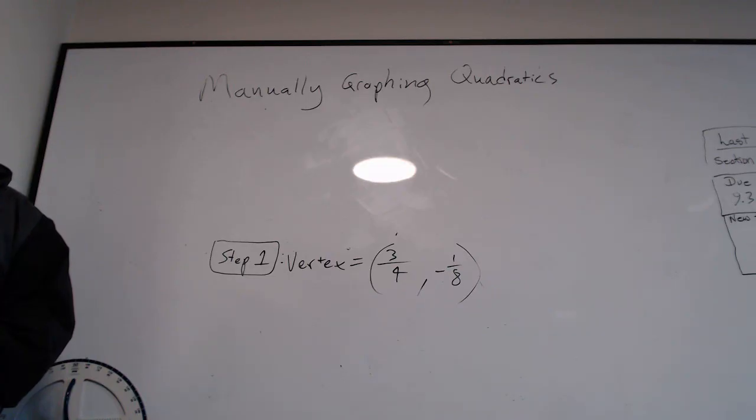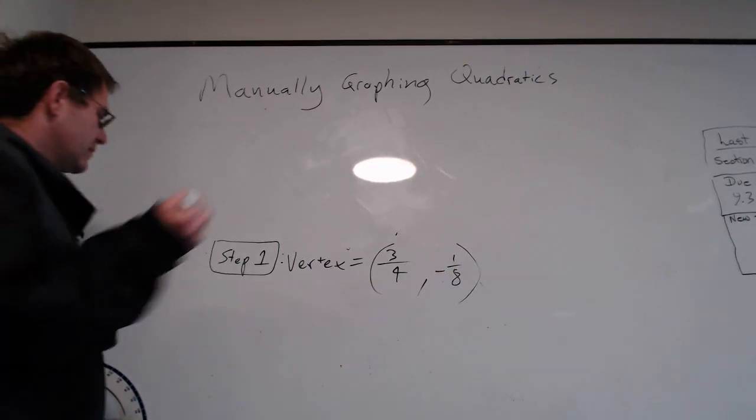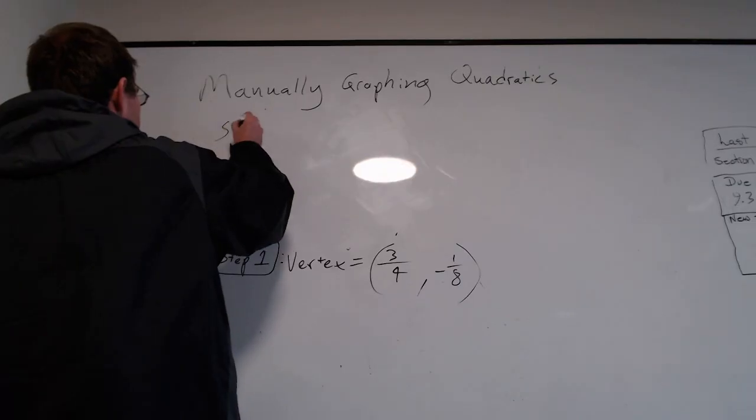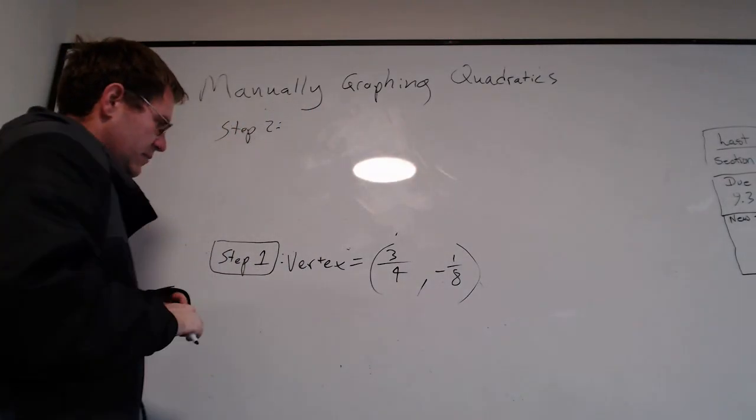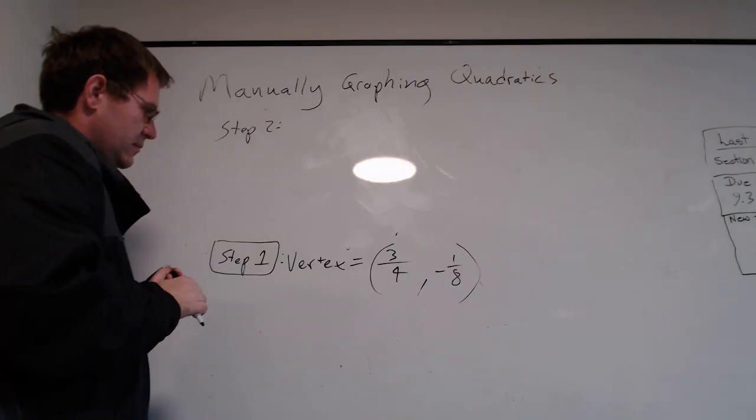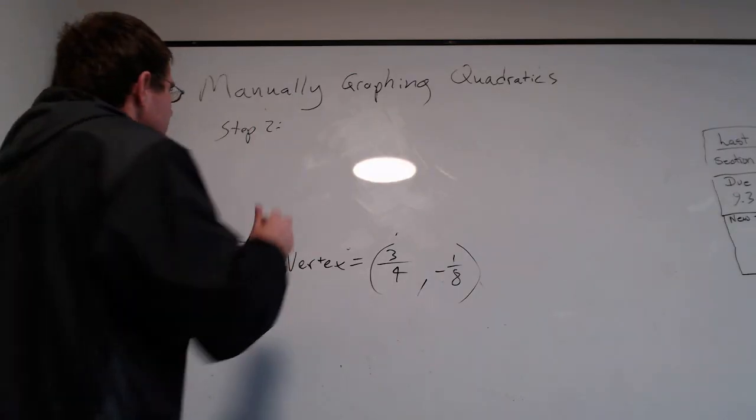It's everything but the square root of your quadratic formula. The square root part is what you add and subtract from the x value of the vertex to find your two x-intercepts, because it's symmetrical.